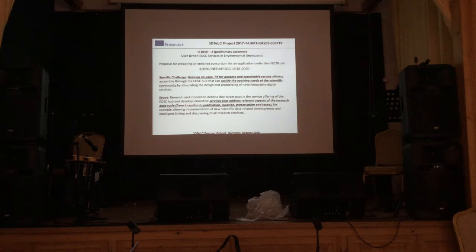So we are starting now to think in the future. Okay. The scope of this call is to create services. Pay attention: we have to create services for data that address some aspects of a specific science, like geophysics.